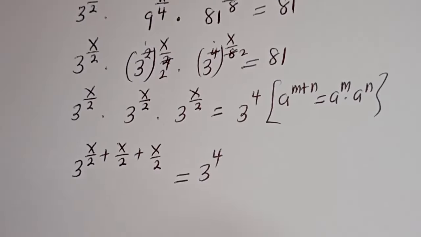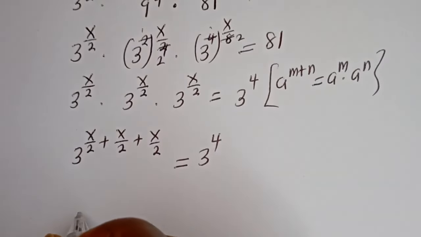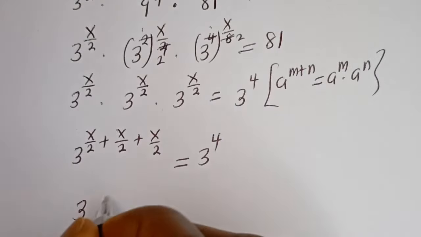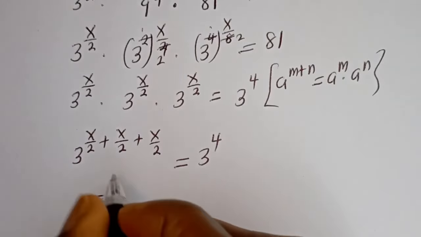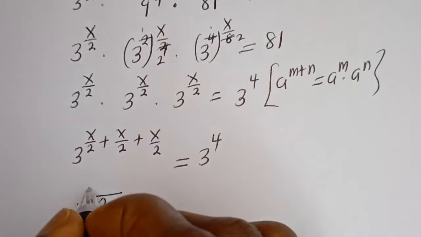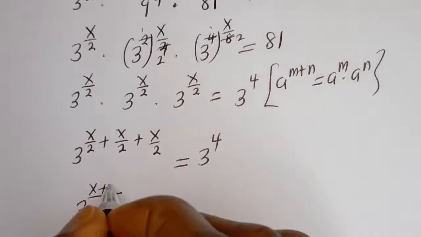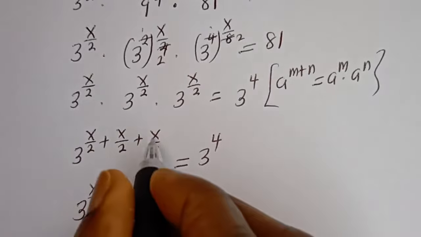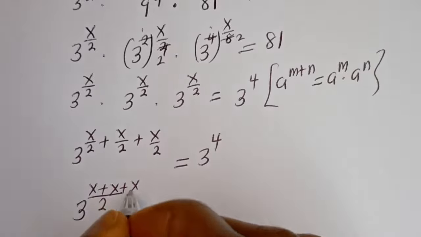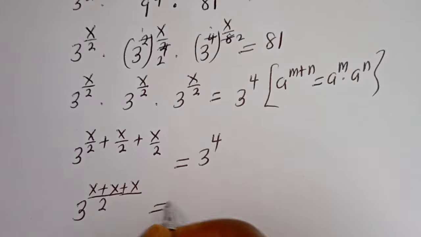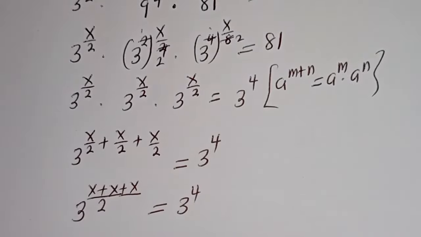LCM here is 2. You have 3 to the power of the LCM, which is 2. Then 2 into 1 times x, this is x, plus 2 into 1 times x, this is x, plus 2 into 1 times x, this is x, is equal to 3 to the power of 4.